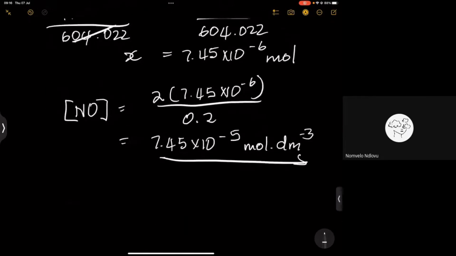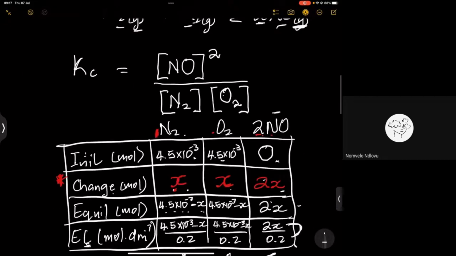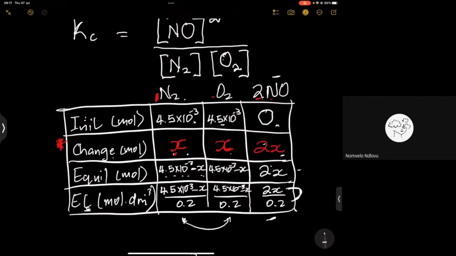Besides that, in terms of the understanding, are we okay? One last question. Yes, go ahead. I need to clarify this. Can you please go to the table? Yes, the table. If I want to get the change in moles and I have the equilibrium, I add the initial plus the equilibrium to get the change.